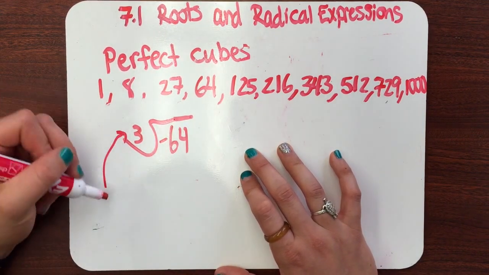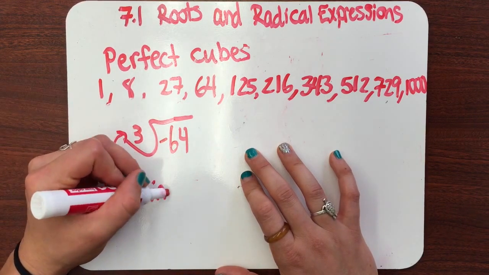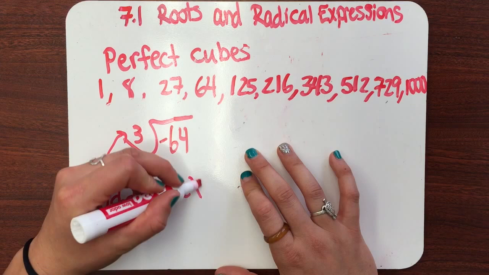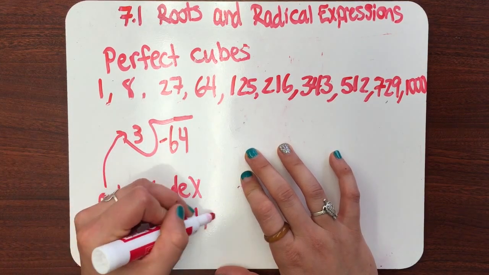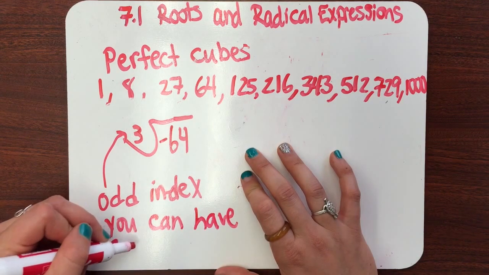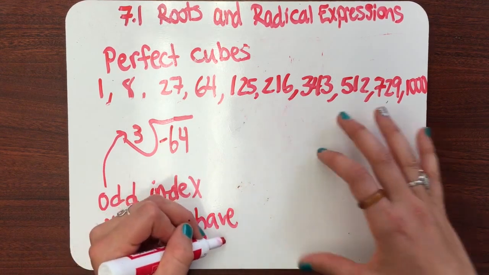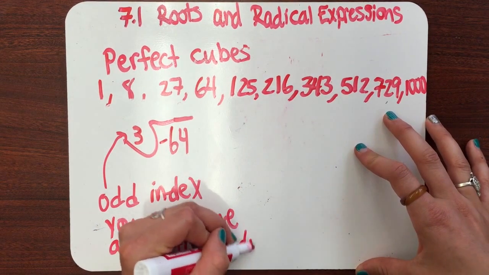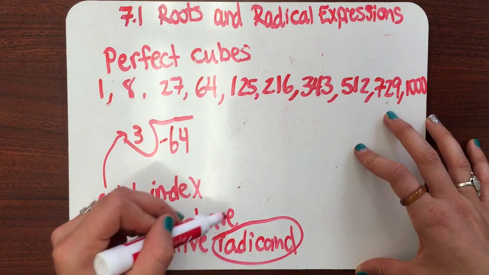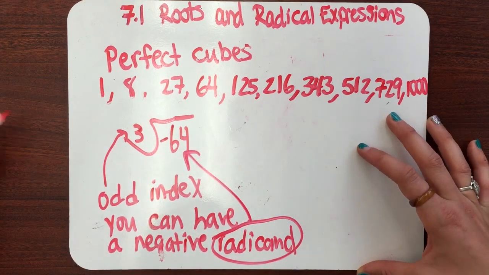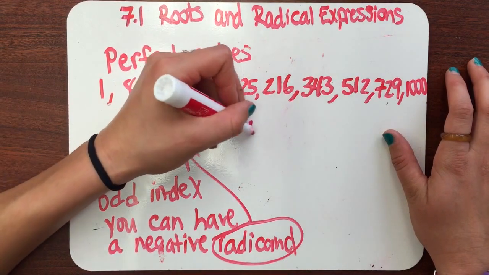So if the index is odd, if it's an odd index, you can have a negative radicand. And the radicand is the number underneath. So this is going to be a negative 4.